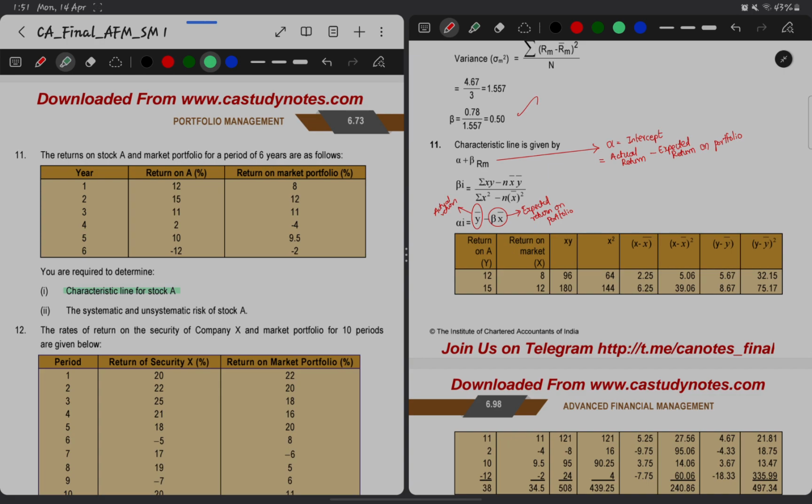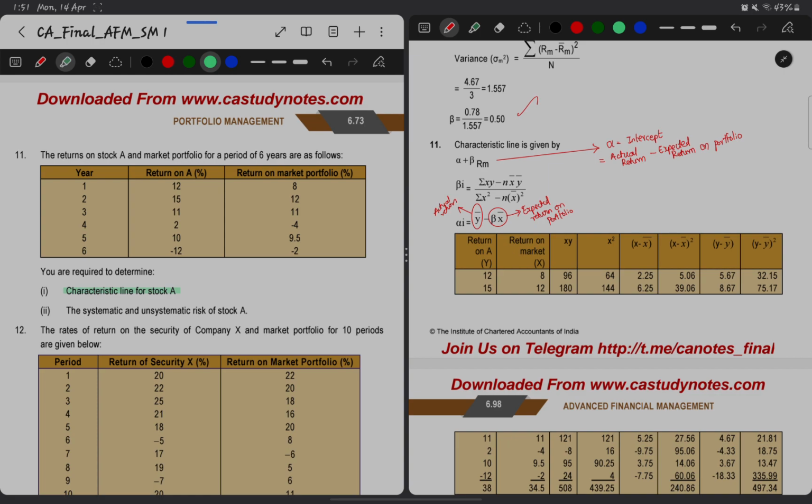But some stocks will perform even if the market growth is zero. Let's say the market growth is zero, still the stock gives a fixed 5% or 10% return. That is the intercept, which is the actual return minus the expected return on portfolio.